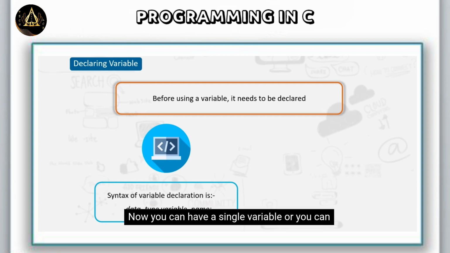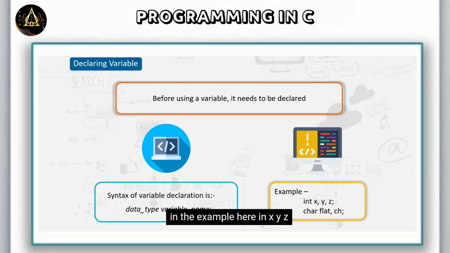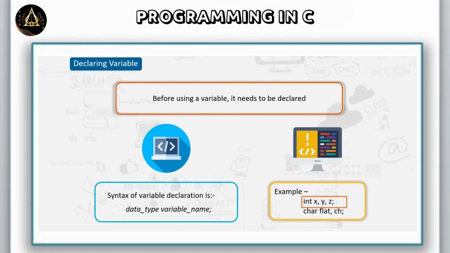You can have a single variable or you can have a variable list. In the example here, int x y z, x, y and z are different variables of type integer. All of them will hold only integer values.